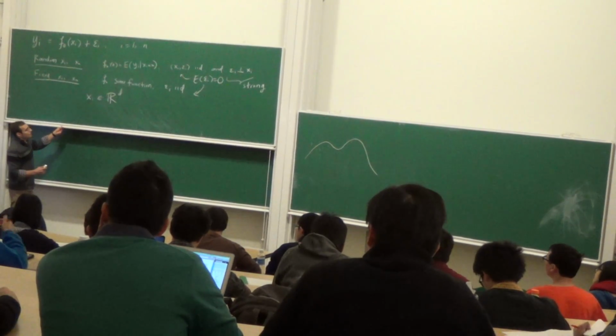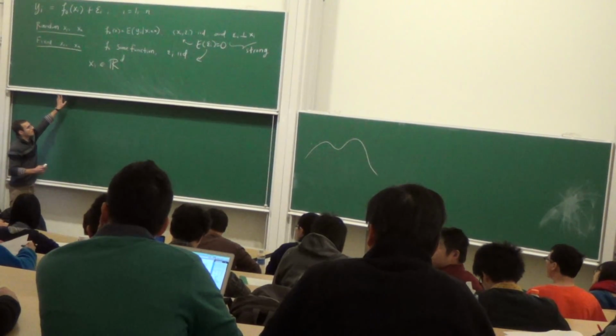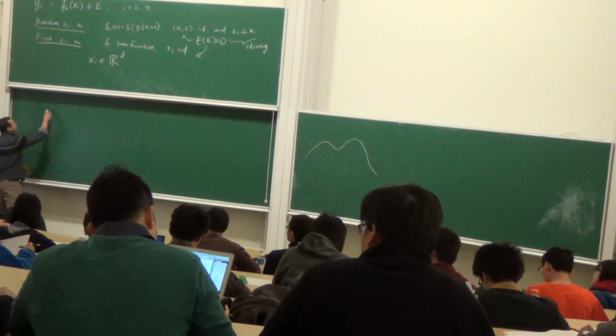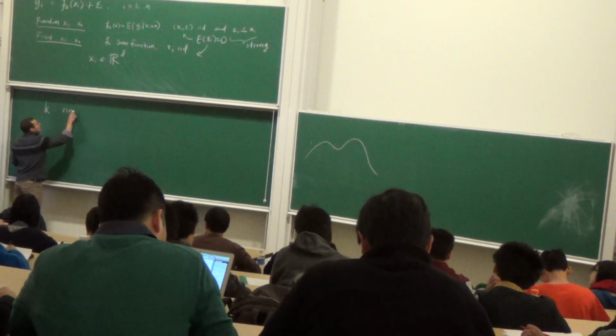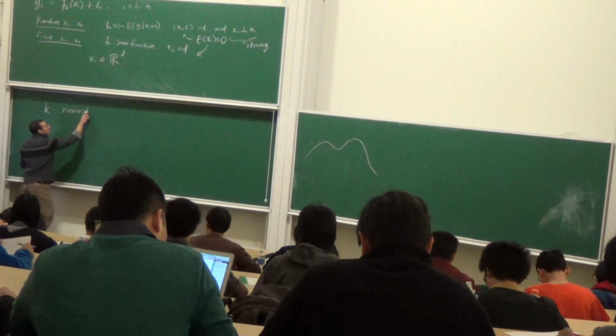All right, so what we saw as the straw man at the end of the last lecture was k-nearest neighbors regression.